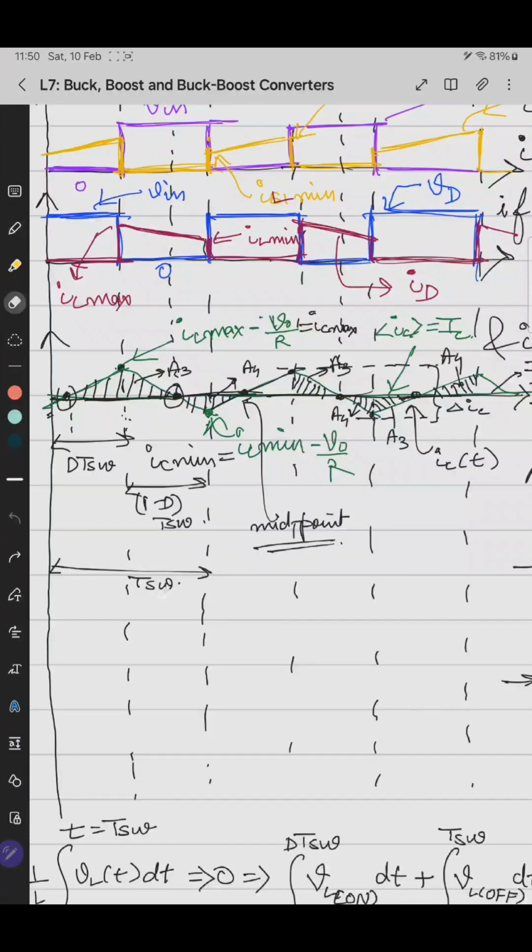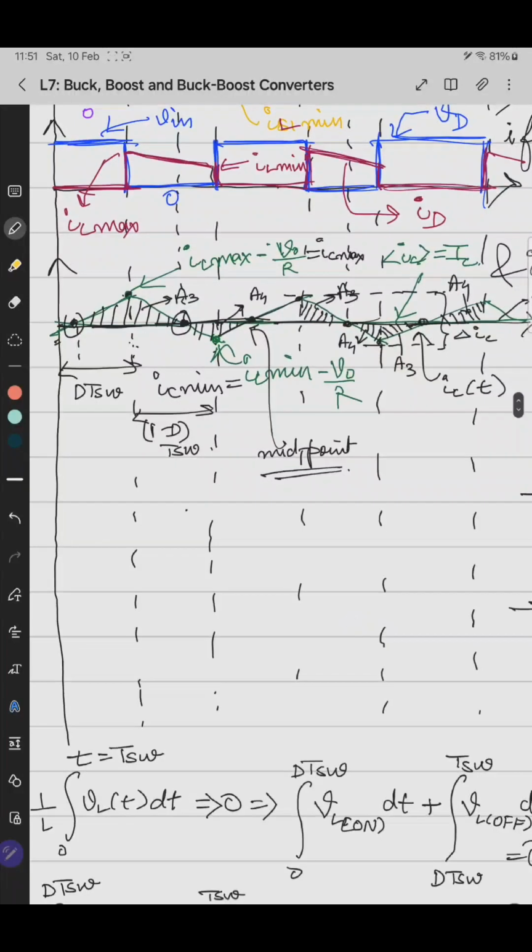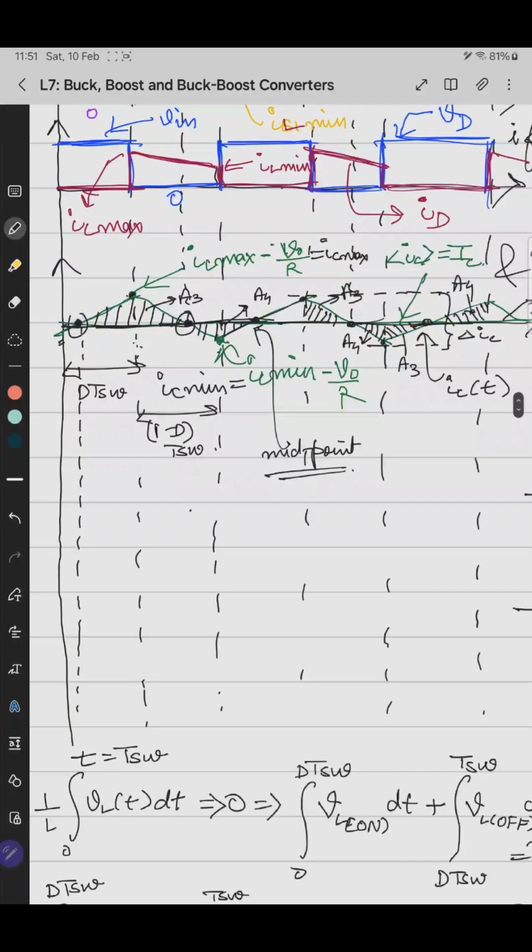Now I'll draw it. Let's say my reference point is the zero crossing point. What is one switching cycle next to this point?